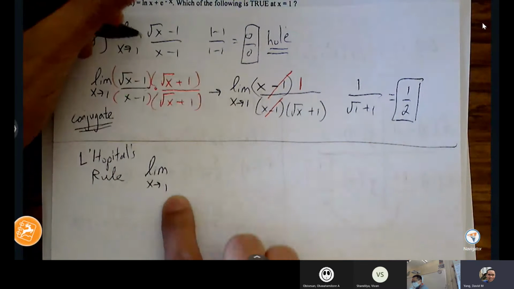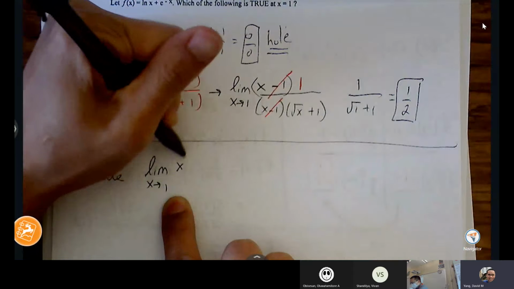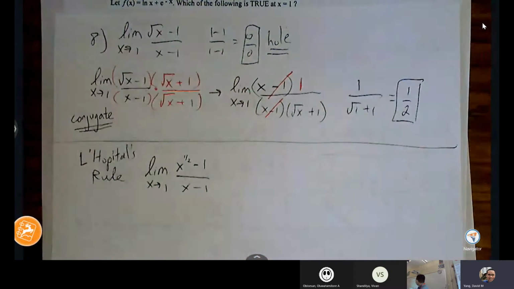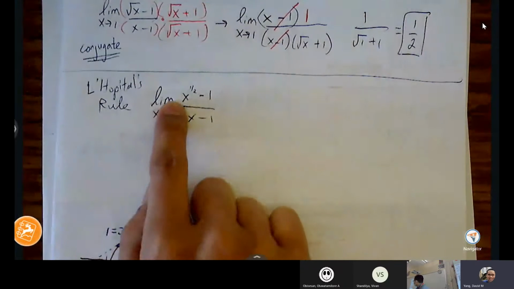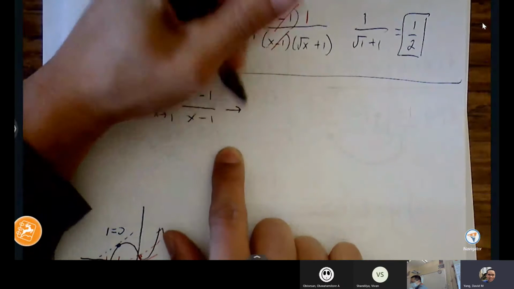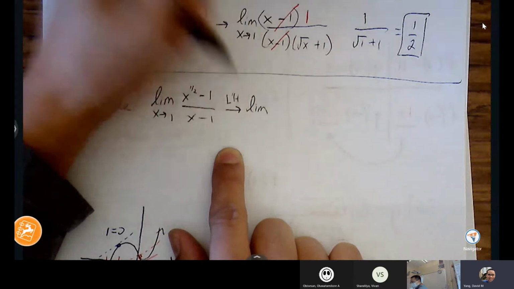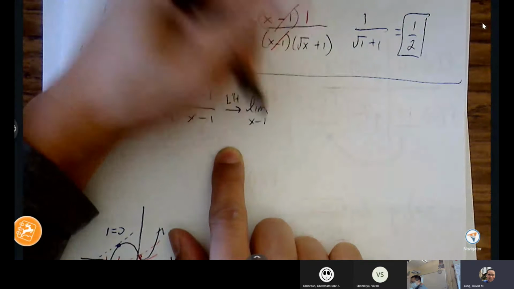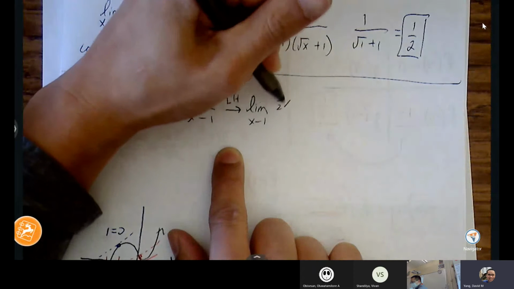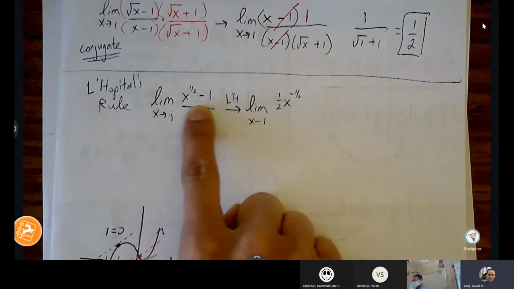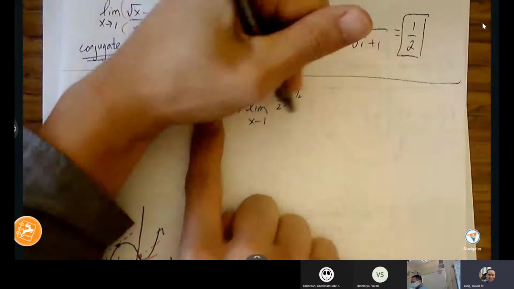So I'm going to prepare my numerator ready for power rule. Okay, so my derivative, I'll put LH to indicate I'm going to apply L'Hopital's rule. 1/2 x to the negative 1/2 is my derivative using power rule. The negative 1 goes away.